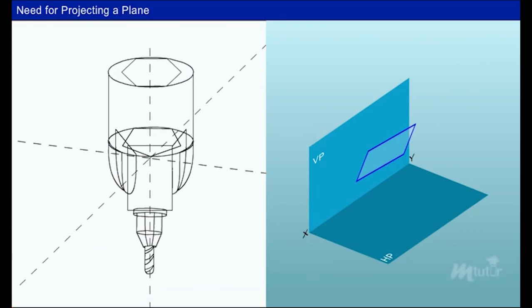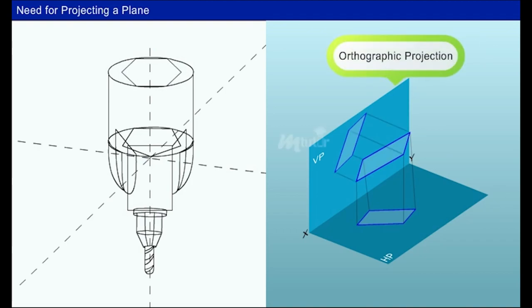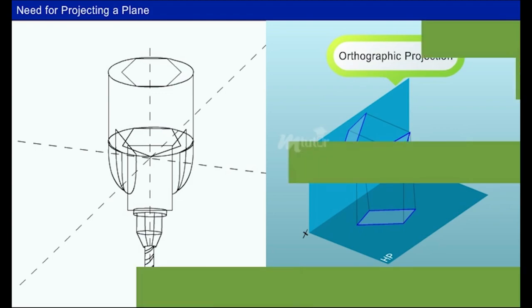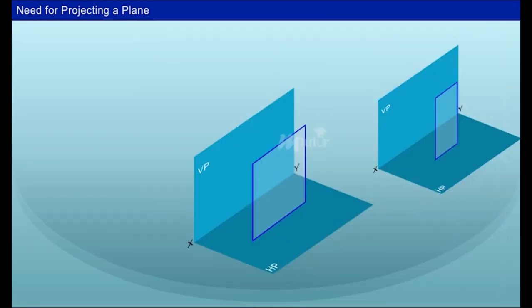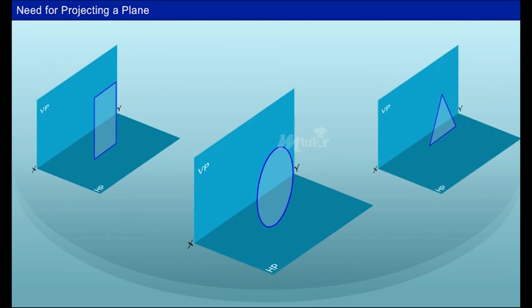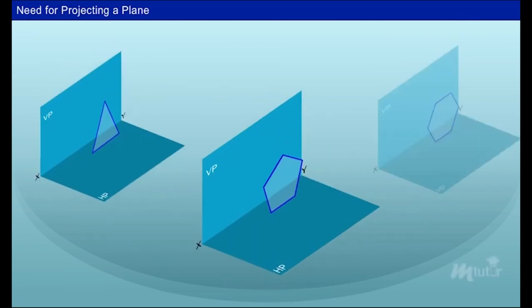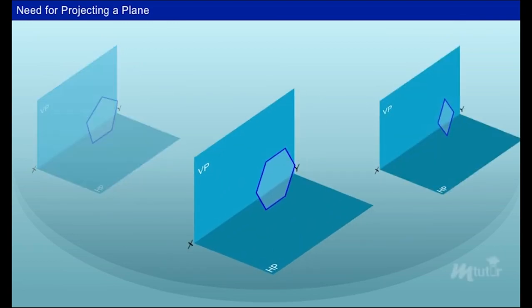These planes joining two surfaces may be hexagon, pentagon, square, rhombus, rectangle, triangle, circle, etc. These adjoining surfaces are planes. To project these planes effectively, the designer uses a method called orthographic projection of planes. In this lesson, we will see the orthographic projection of a plane and the positioning of various planes in detail.